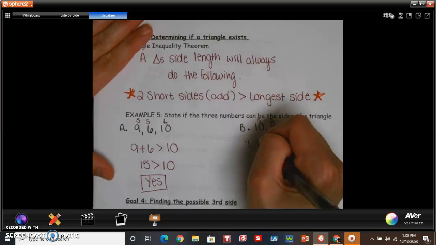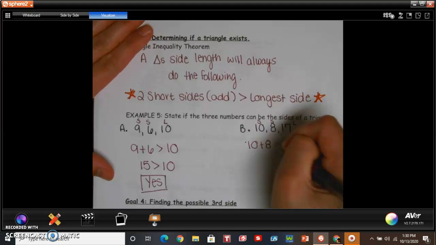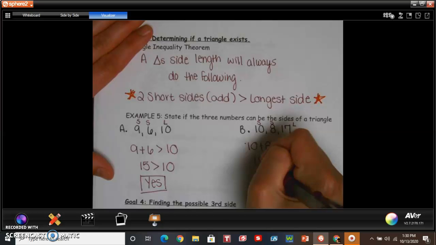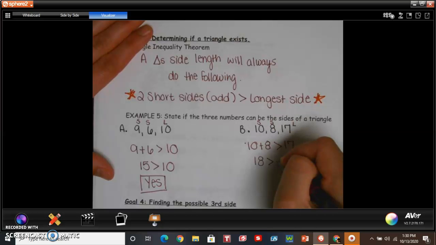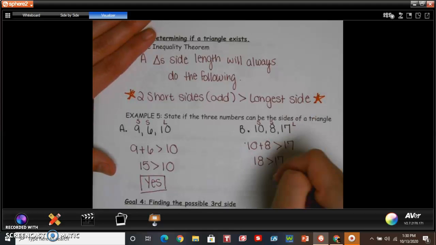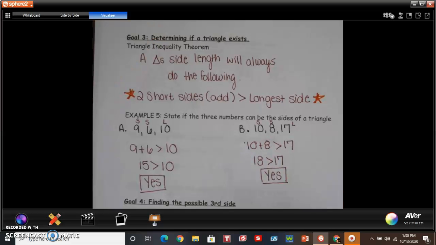Alright, so 10 plus 8 needs to be greater than 17. What's 10 plus 8? Why, it's 18. Is 18 greater than 17? Yes. Alright. So, if it's not greater than, your answer is no.